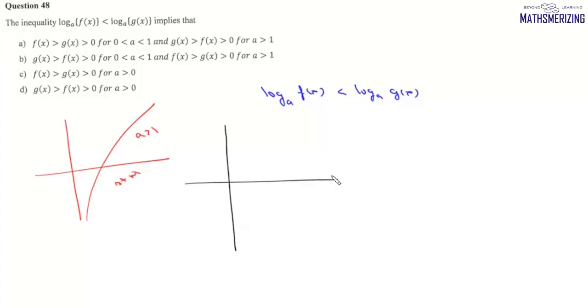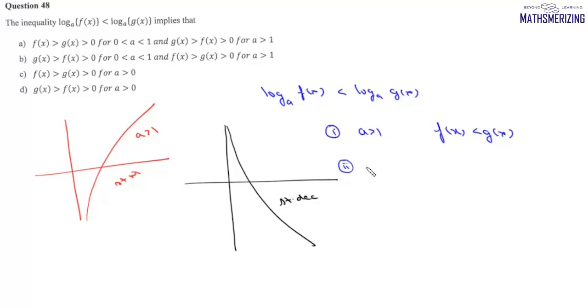When the base lies between 0 and 1, in that case log is strictly decreasing. So if we take the first case, when a is greater than 1, this function is strictly increasing, and then if we cancel log with log, the sign of inequality does not change. In that case we'll get f(x) is less than g(x).